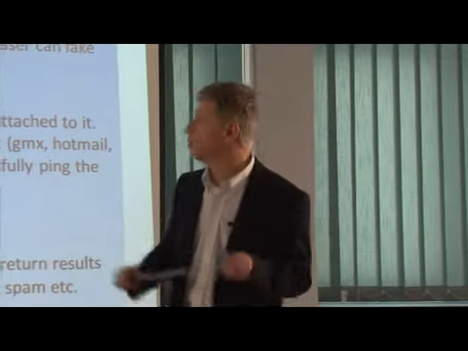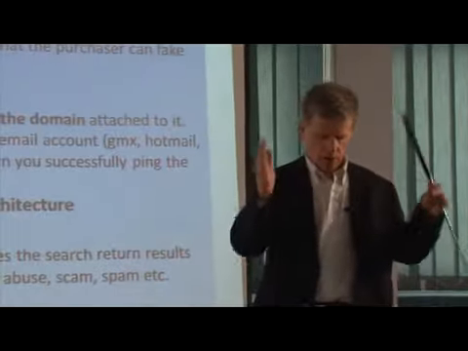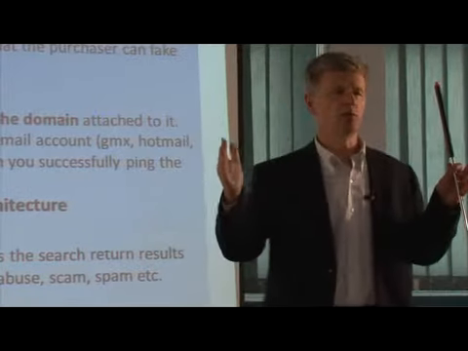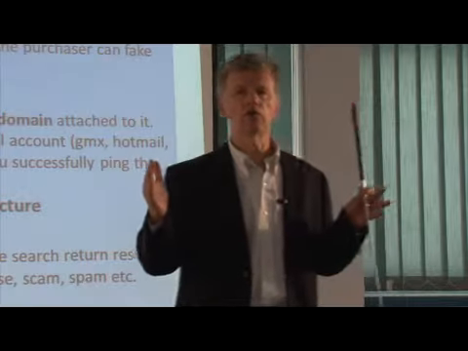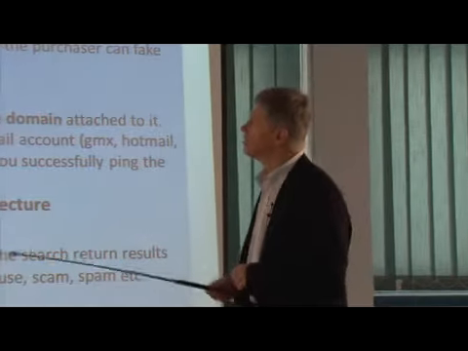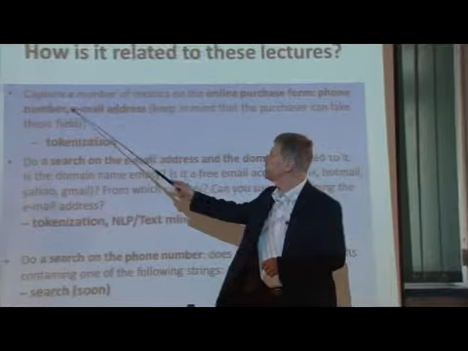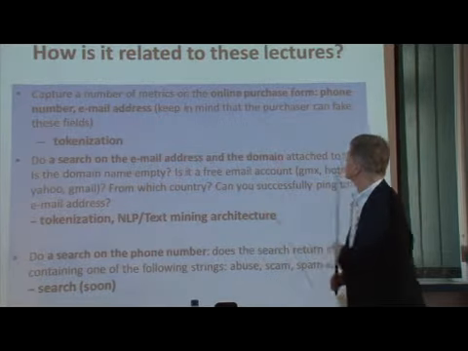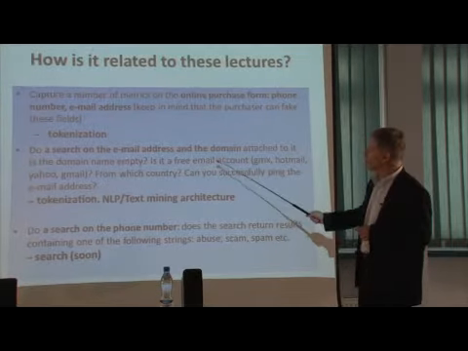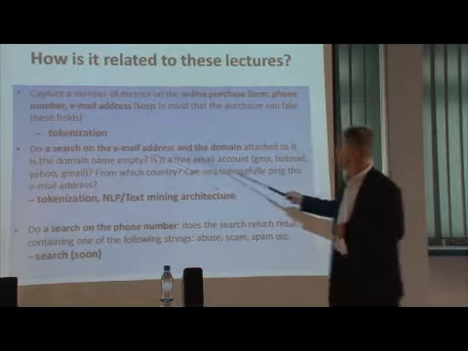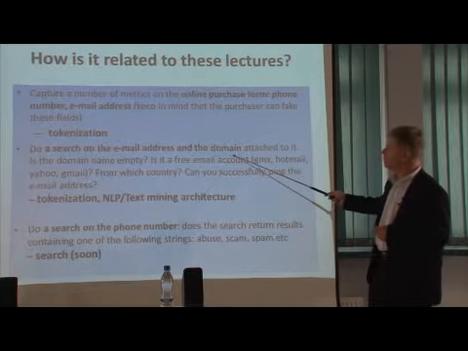You have to take the whole string, with spaces in between and possibly brackets, as one token. Similarly for an email address, and search on the email address and the domain attached to it.